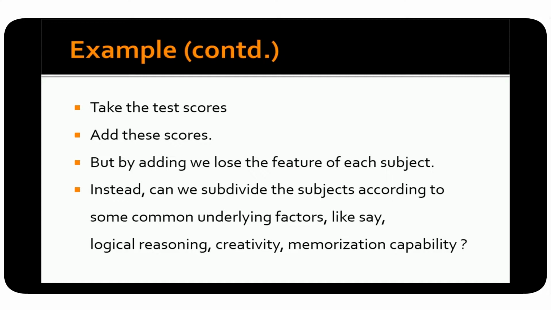Which subjects require which of the characteristics? If you know that, we can identify students in a much better way rather than summing up their scores. We can see their capability score in the sense of reasoning, in the aspect of creativity and in the aspect of memorization.